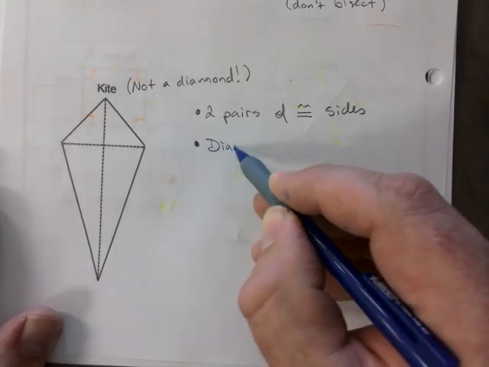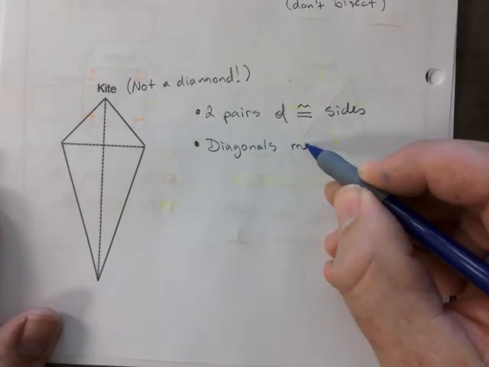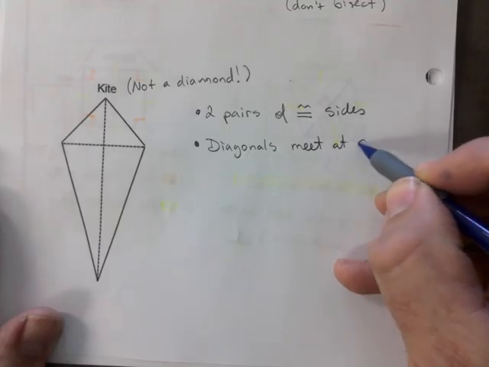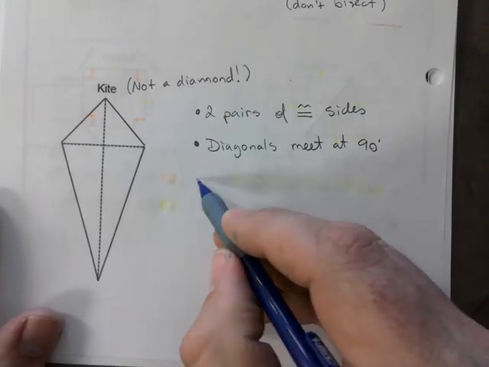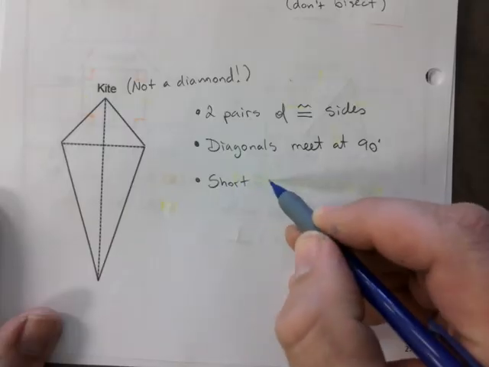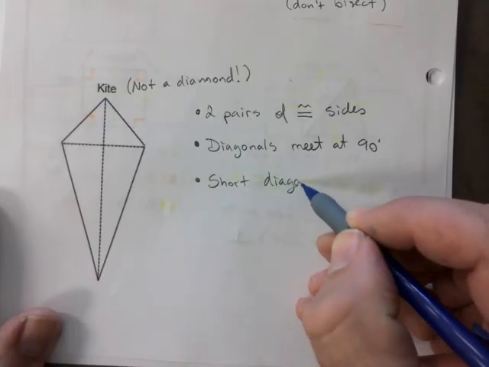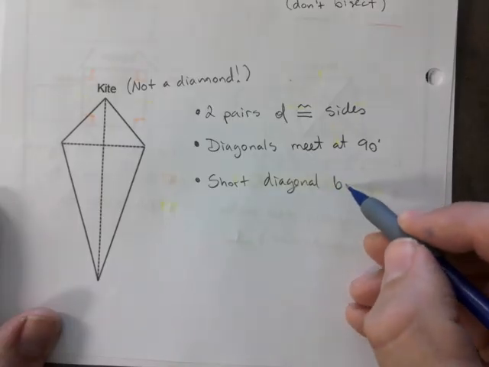Diagonals meet at 90 degrees. Short diagonal bisects.